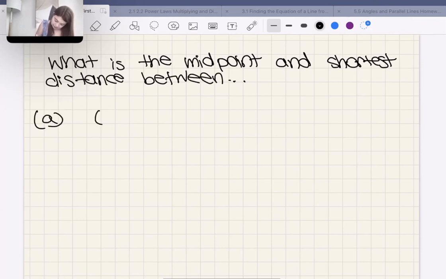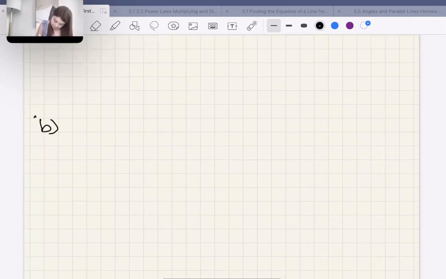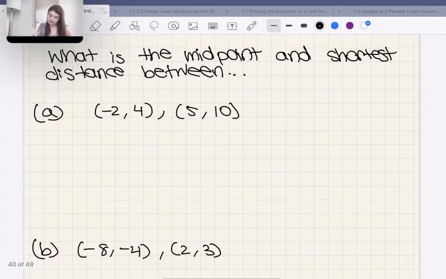Let's say the first one is (-2, 4) and (5, 10). And the second one, (-8, -4) and (2, 3). So let's do that. Let's find the midpoint and the shortest distance for both.